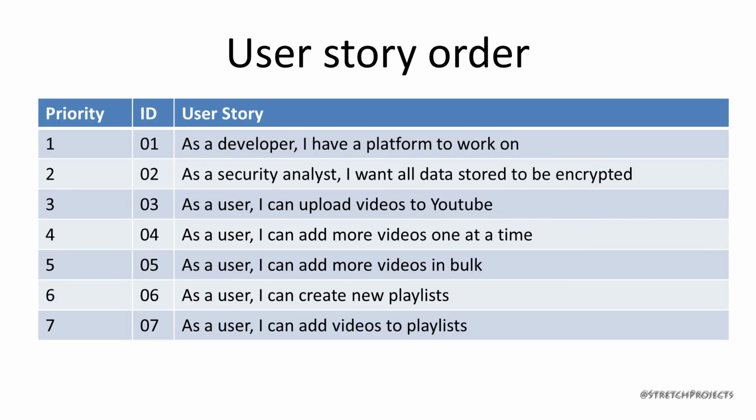Backlogs are typically created as a joint operation between the project manager of a project and the product owner. That product owner could be a third party, for example if you were a consultant hired to develop a software solution. And once all of the individual user stories have been captured, the project manager and the product owner should come to some sort of agreement as to what order the individual user stories should be completed in.